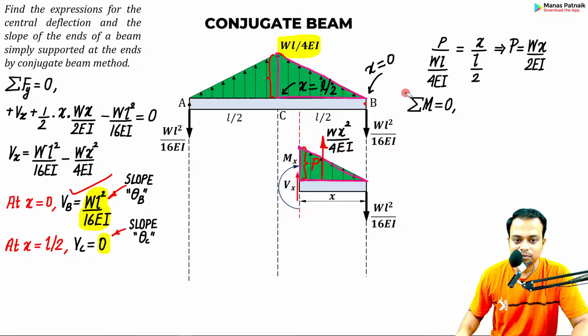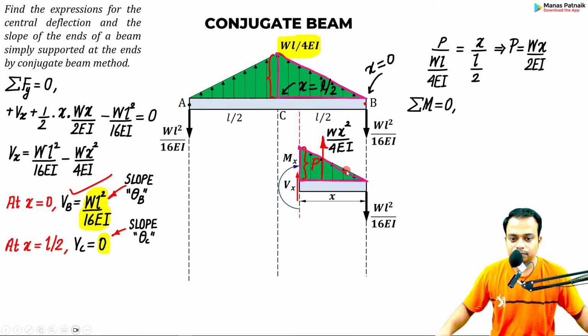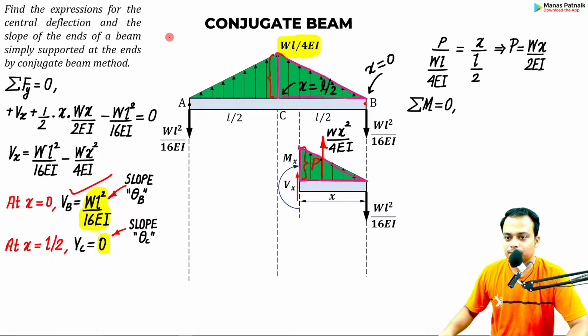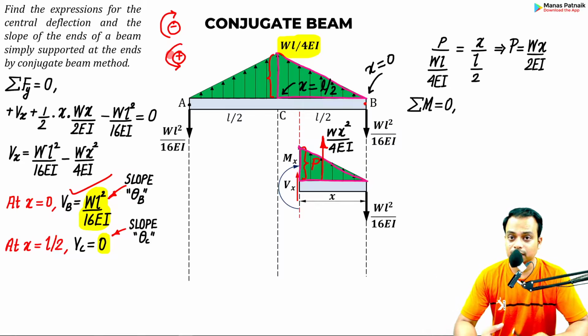If you don't know, this is my sign convention. Clockwise is negative, anti-clockwise positive, and in most of the foreign author books you'll see them following this sign convention, be it R.C. Hibbeler, be it Pytel and Johnson.